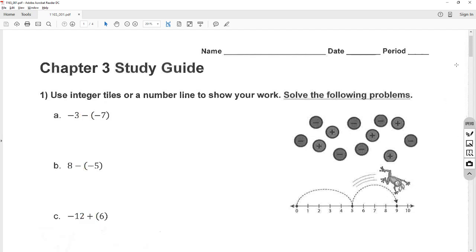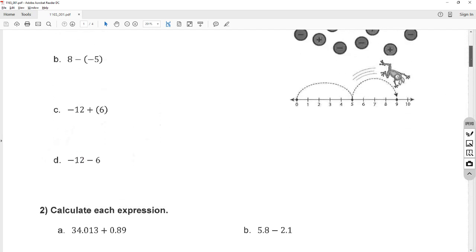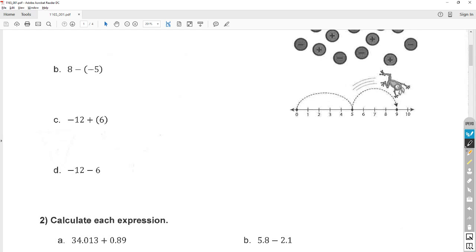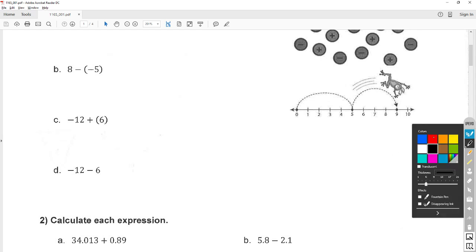Okay. All right, scrolling down here, looking at D. Go ahead and erase that. So D says you're starting off with 12 negatives. So I'm going to draw 12 negatives. 4, 5, 6, 7, 8, 9, 10, 11, 12. And subtraction means you're removing, and you need to remove 6 positives. So looking at my picture, I don't have 6 positives to remove. So I'm going to add on my 0 pairs.